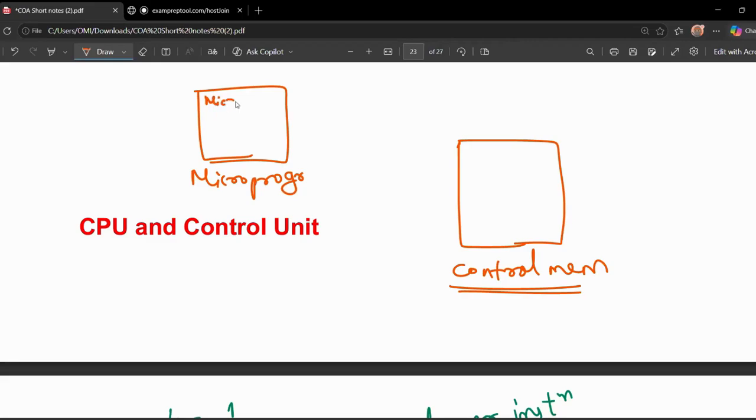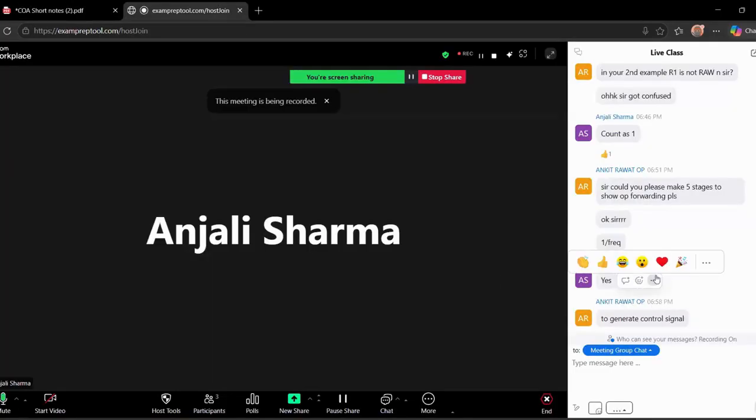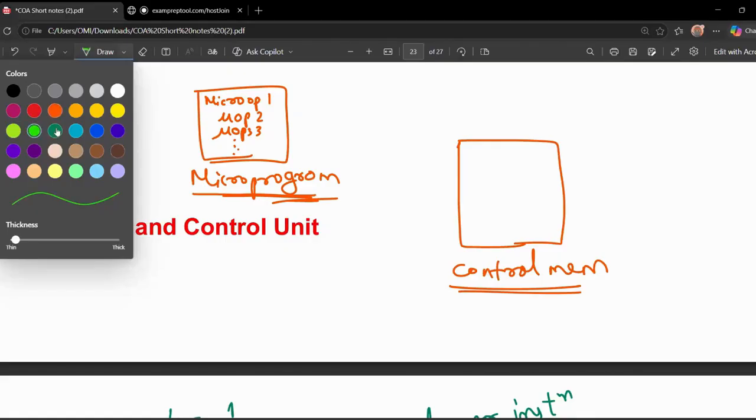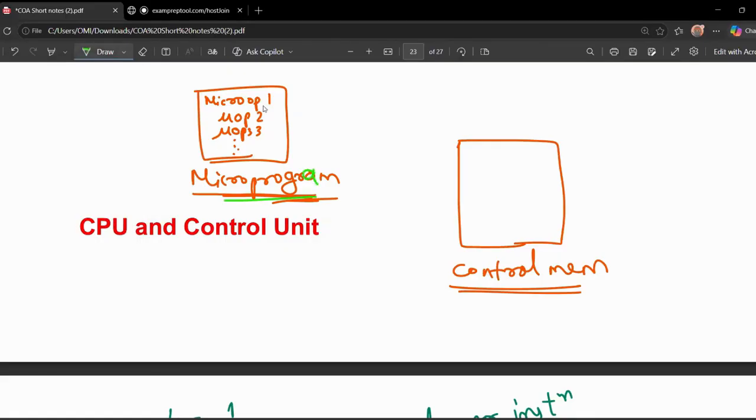Different micro operations, like micro operation 1, micro operation 2, micro operation 3. Because it is a micro program, it will have different micro operations to execute.